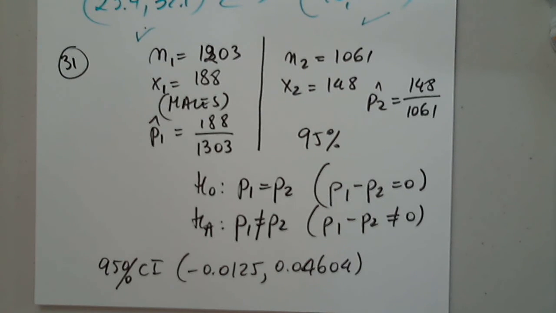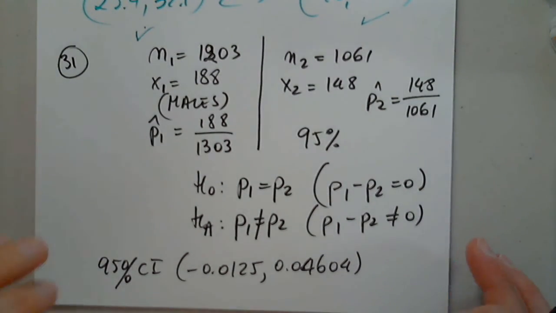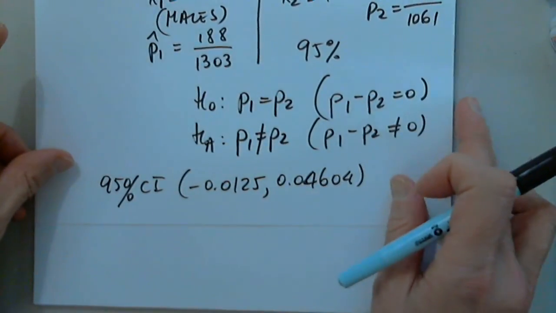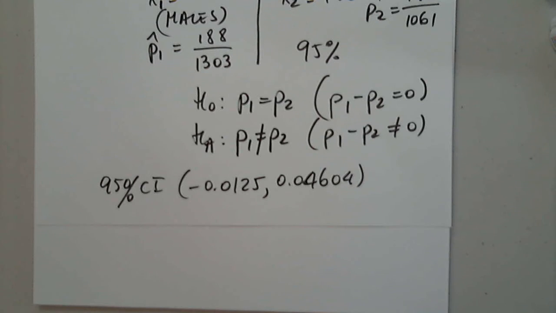Okay, so they're asking us now to conclude based on the confidence interval. What do you think? Do we reject? Are they different? Or do we fail to reject?